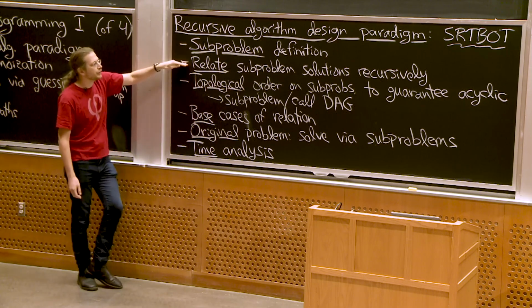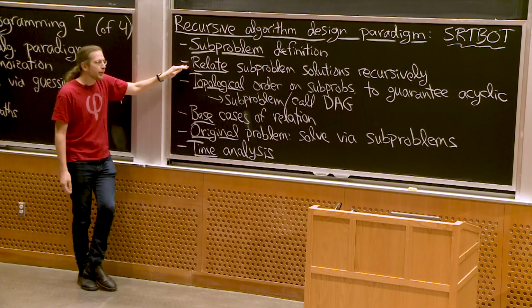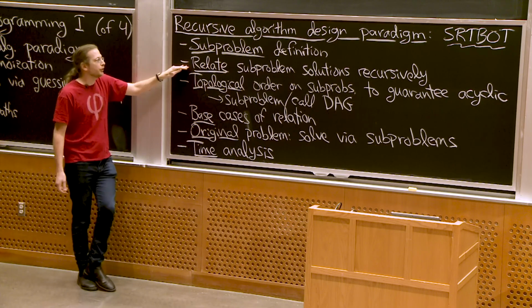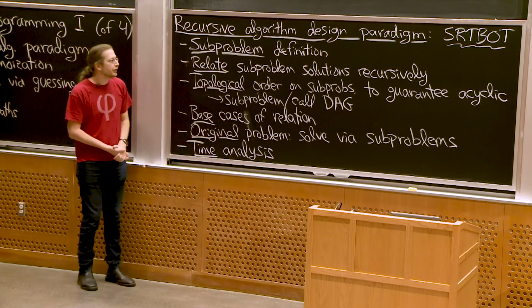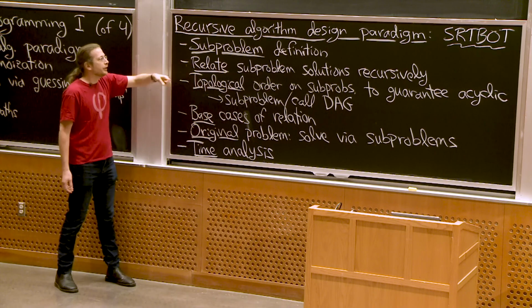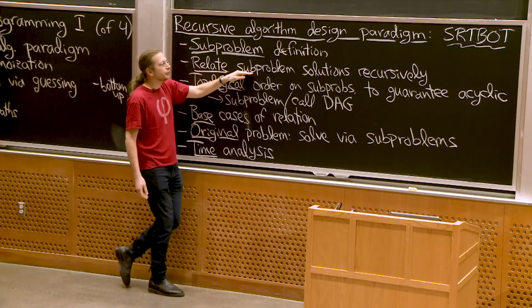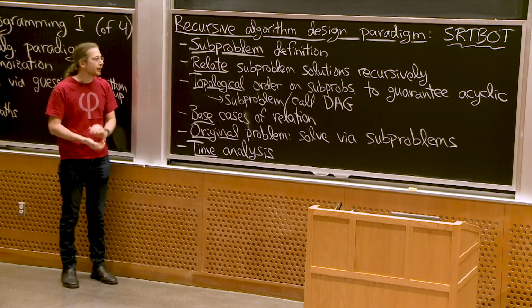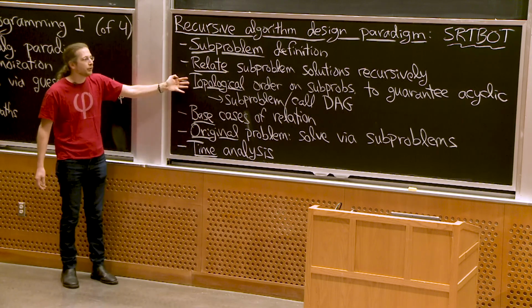But more generally, we're going to relate different subproblem solutions with some recursive structure, some recurrence relation. This is just a recursive algorithm that defines how to solve one problem in terms of smaller subproblems for some notion of smaller. And this is given by the topological order.